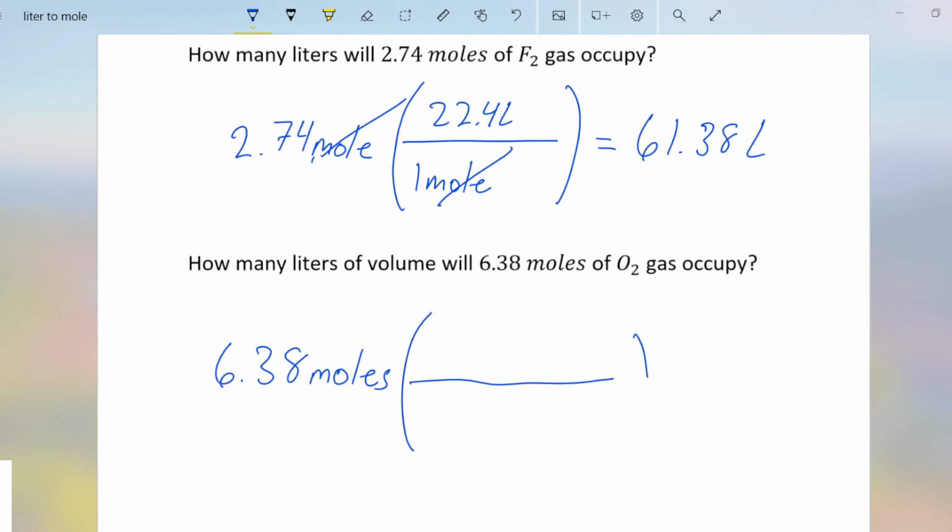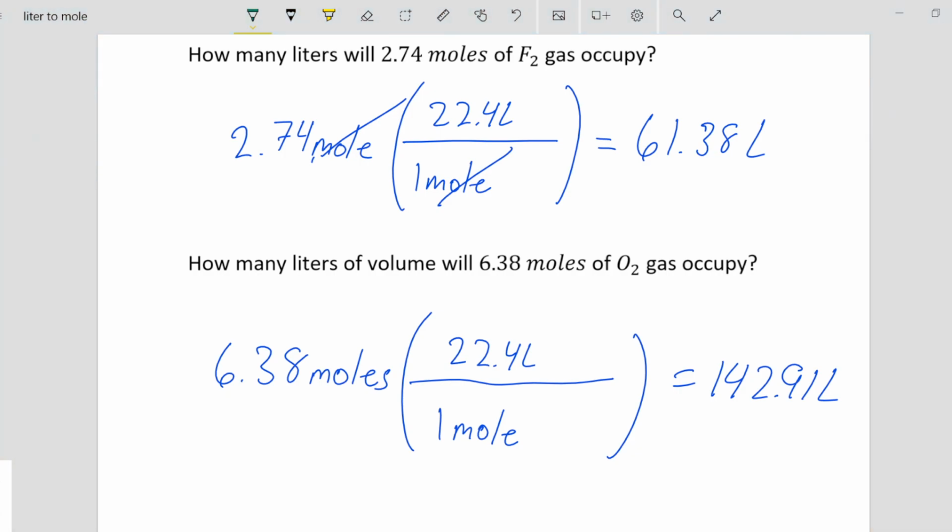I draw my boat, and below deck is the 1 mole from Mole Island, because we are going from Mole Island to Volume Island. And on top, I put my 22.4 liters. When I do this multiplication, I get 142.91 liters. So this 6.38 moles of my O2 gas will occupy a total volume of 142.91 liters.